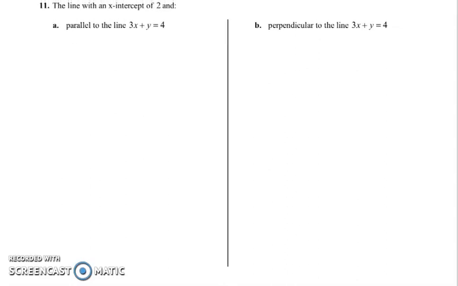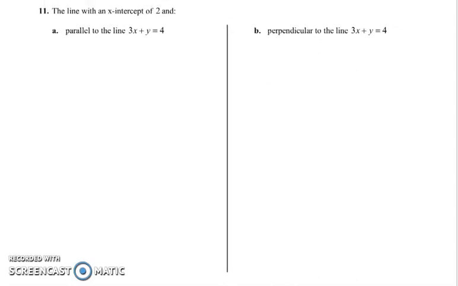So for these, we know how to do all of this. We just have to think about it for a minute. So remember, if two lines are parallel, so parallel lines have the same what? Hopefully, you said slope.